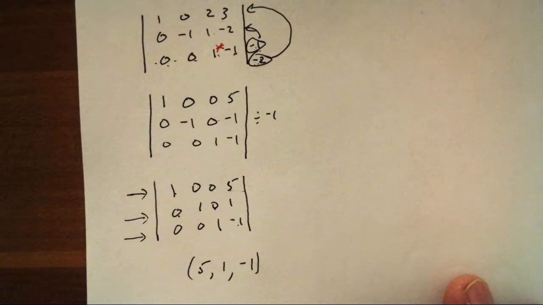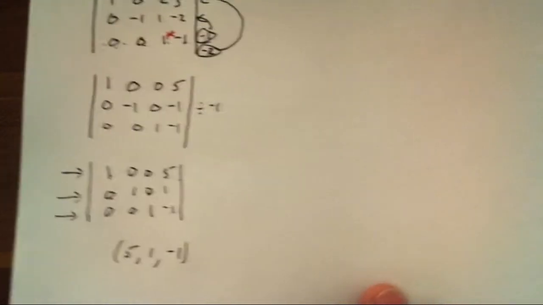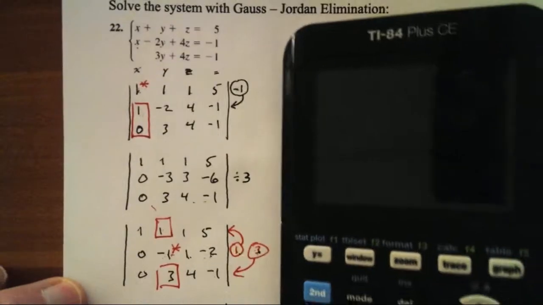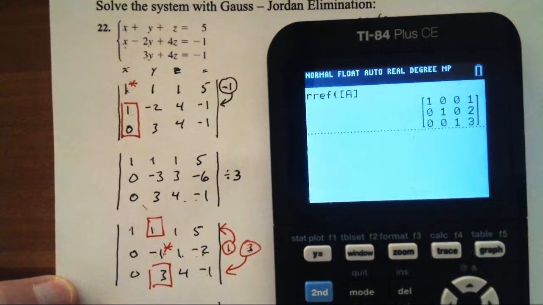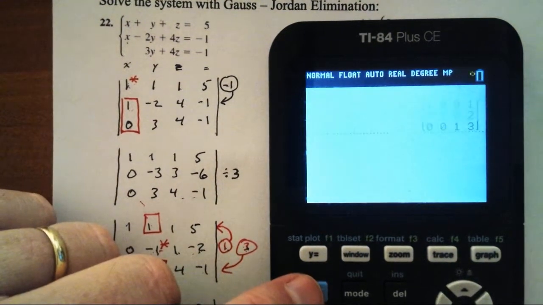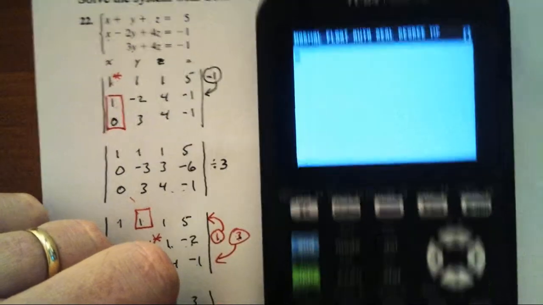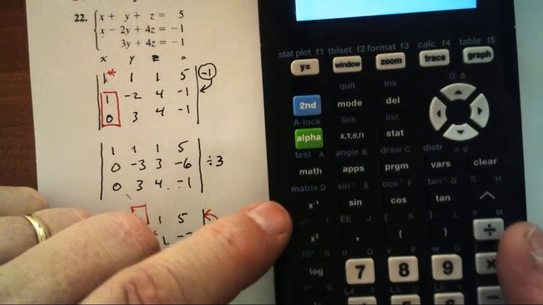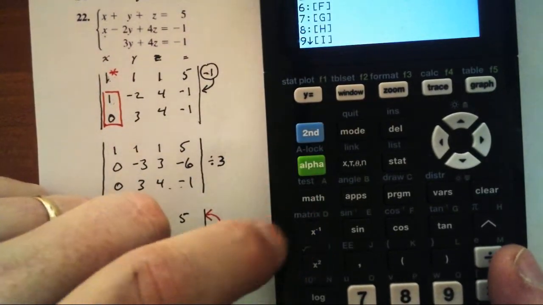And this is a good time right here to go ahead and take a look at how our calculator does this for us. I'm going to go clear. Let's take a look. I want to go into matrix, which is right here. That's second matrix.